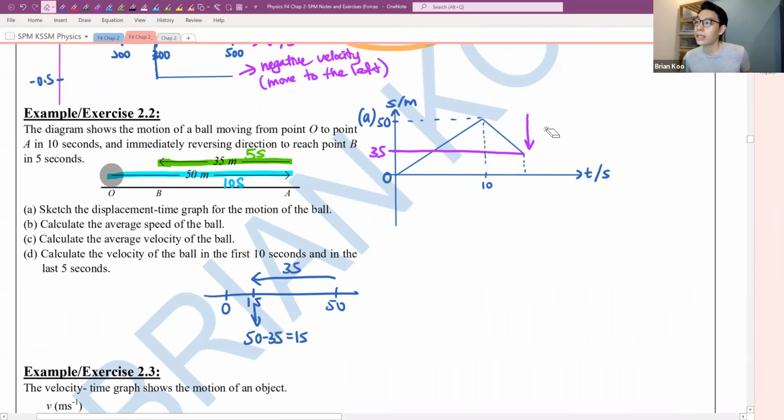So if I want here to be 35, that means here should be a value of 15. That's why before I even sketch, I already told you all these positions: the 0, the 15, the 50. These three values you need to remember. They are just the position of how far away the ball is from the original position. When your ball is here, how far away is it from the original position? 15 meters. That is why the displacement is 15. So usually we put dotted lines, this one.